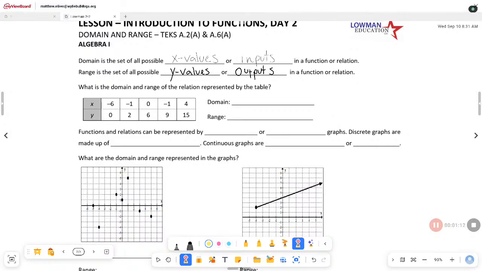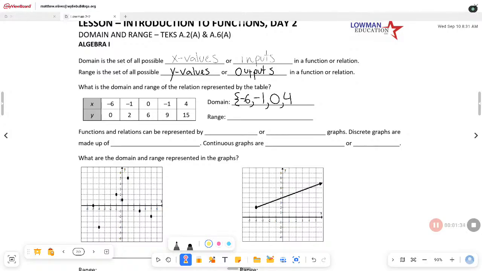Now when we're listing these, we're going to bracket them together. And to list the domain, for this one we're just going to list all of the x values that I have here. So -6, -1, 0, 4.